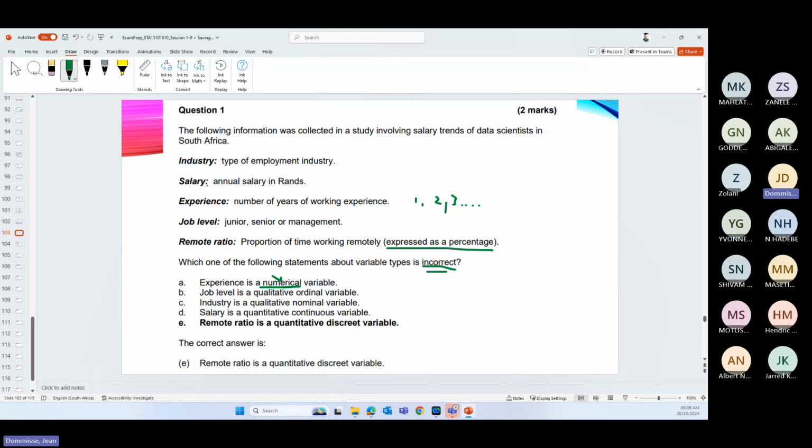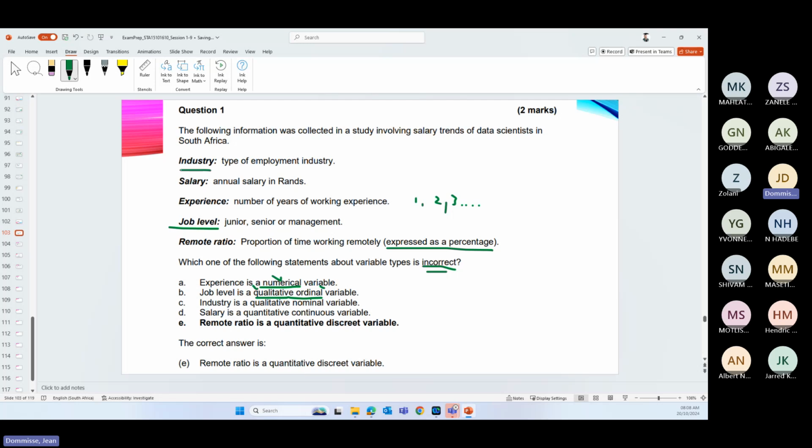Job level: junior, senior, or management. Job level is qualitative, that's correct. Ordinal, correct, because there's order in this. You first are junior, then senior, then you go into management. So definitely there is order in this one.